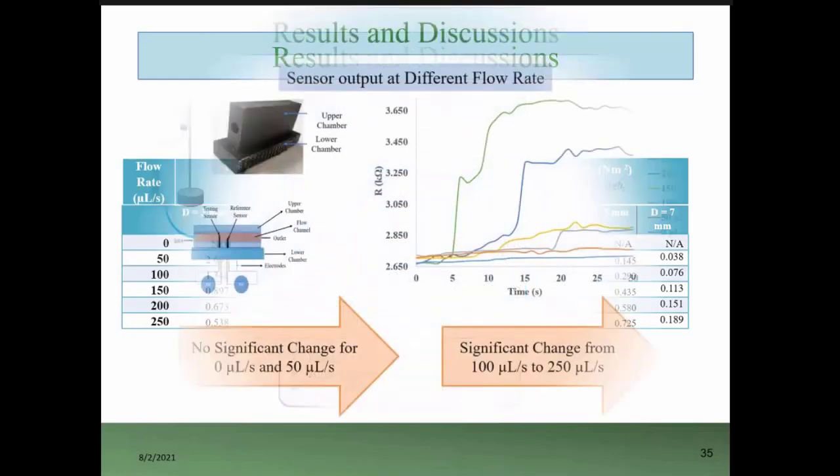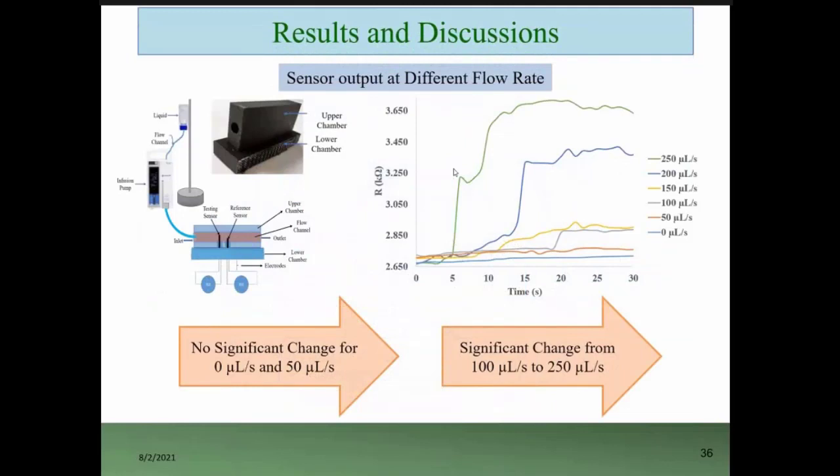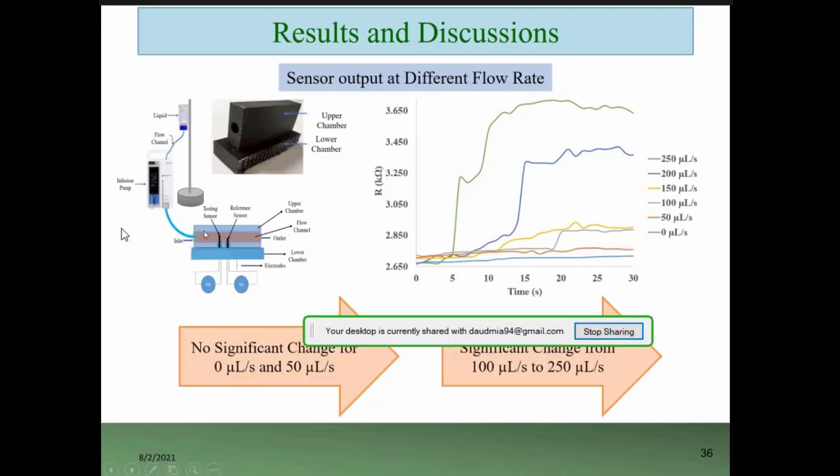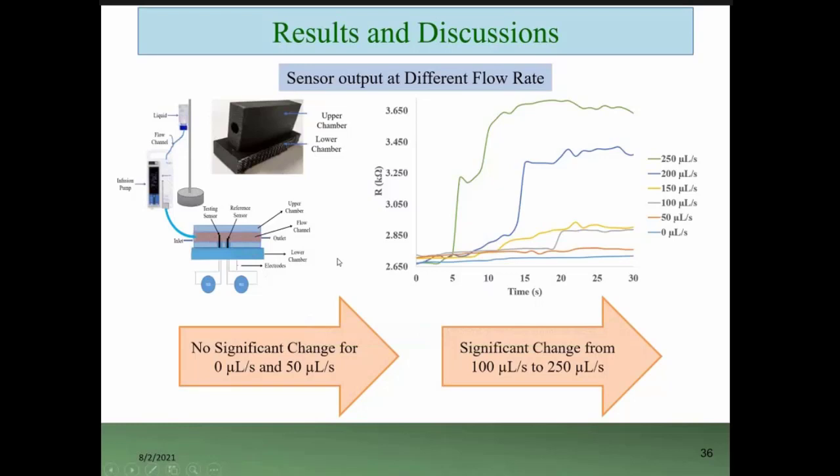So as I have shown in this diagram earlier, this is the layout that was followed to test the sensor. From here, what was found? When the flow rate started, it was found that in the case of 0 to 50 microliter per second flow rate, there was not much change in the resistance of the testing sensor.